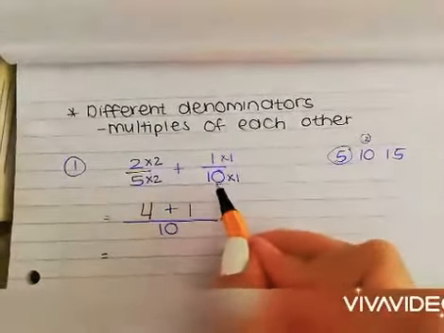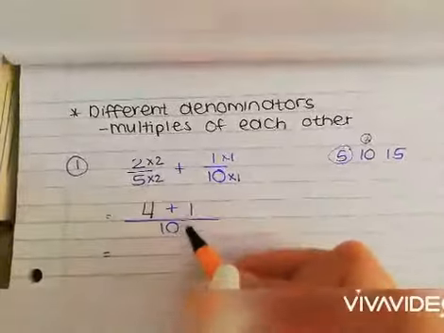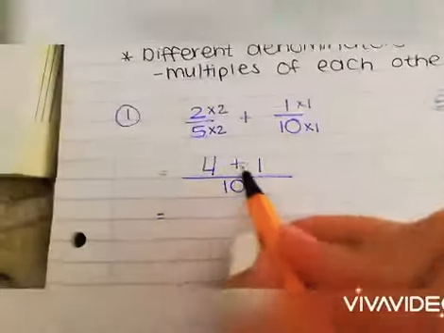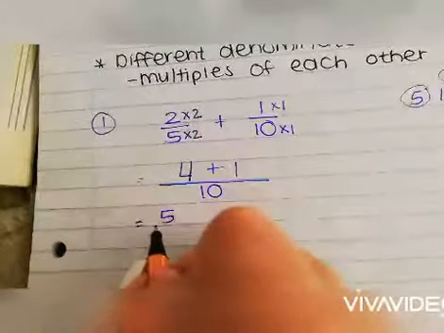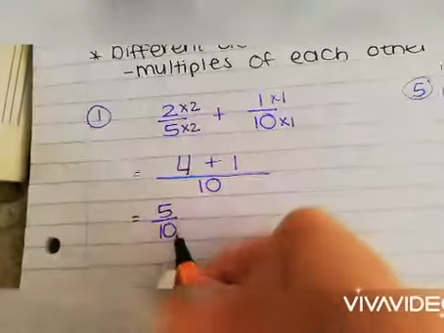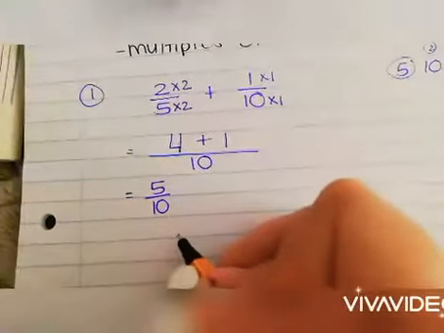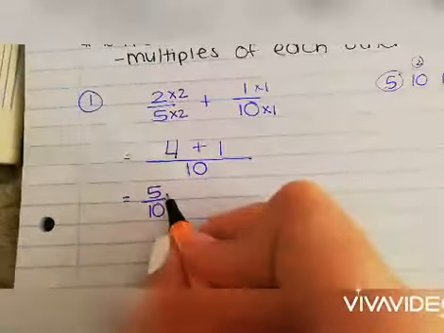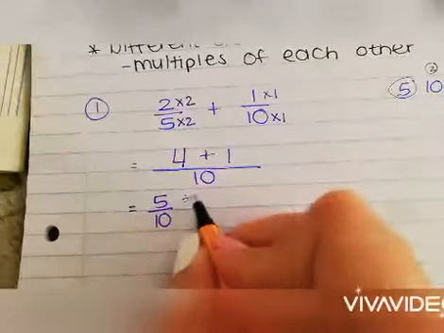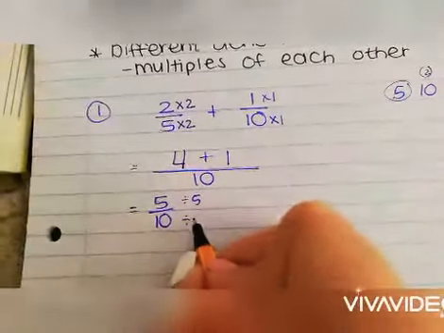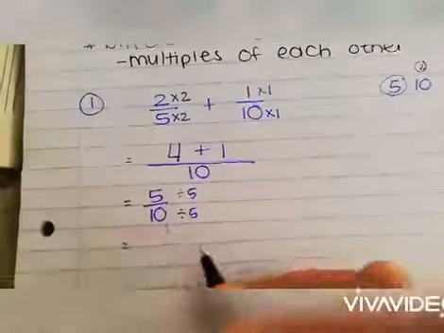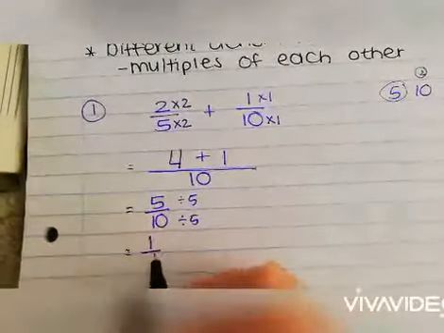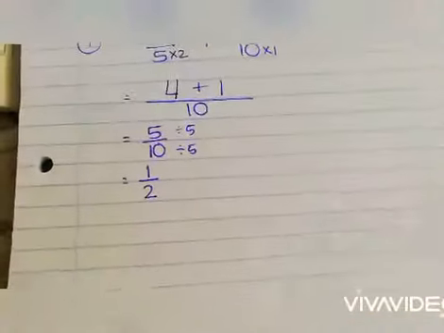You didn't have to change the denominator to get it to 10. It is already 10. So 4 plus 1 is 5 over 10. And we just need to make this in its simplest form. Okay, so simplest form, we need to see what can go into both numbers so that we can get a whole number out. And then we've got 1 over 2, so it's a half.